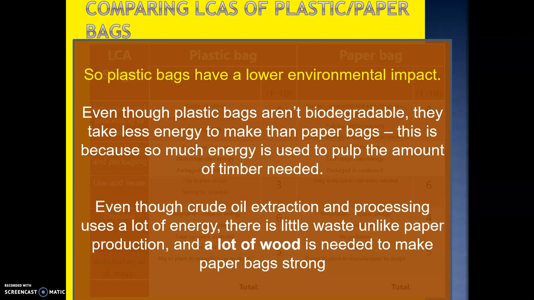The manufacturing process of producing the paper bags, and the transport of them because they are heavier, actually has a greater environmental impact. So that's a key part there. Even though plastic bags are made from crude oil, the actual processing, extraction, transport and manufacturing of paper bags has a greater impact on the environment.